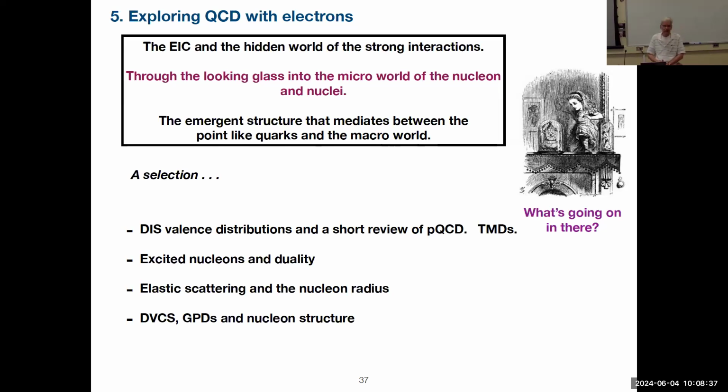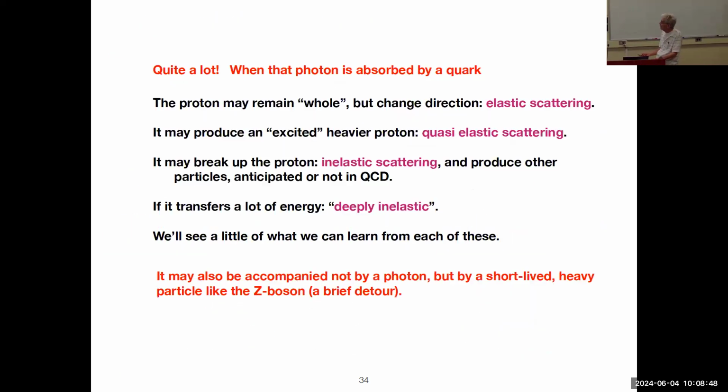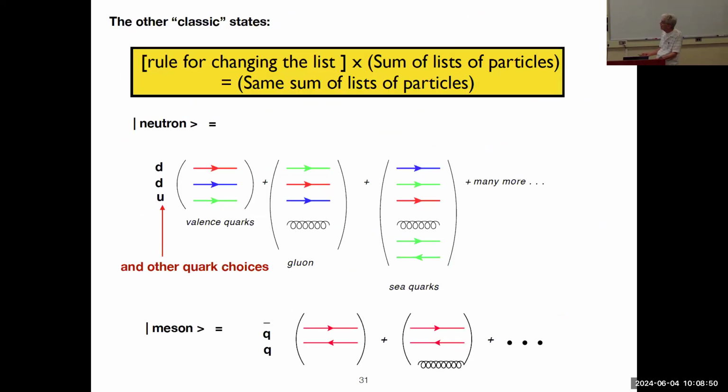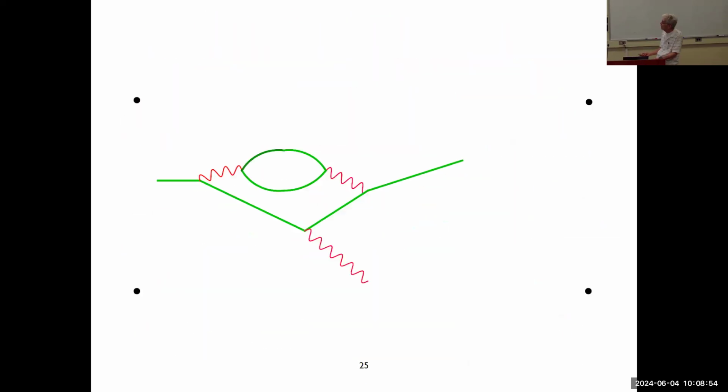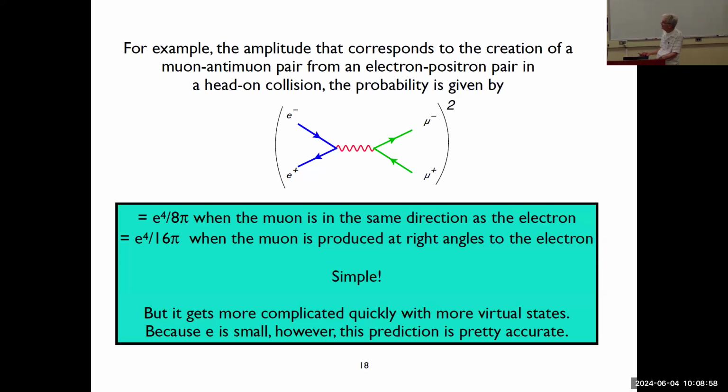And essentially, if we give an example, the example comes from what we were looking at yesterday. We had this particular process, which is, say, e plus e minus goes to mu plus mu minus.